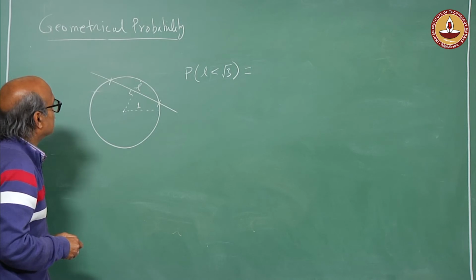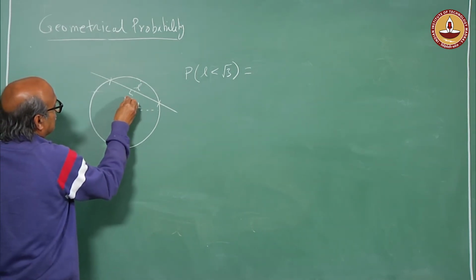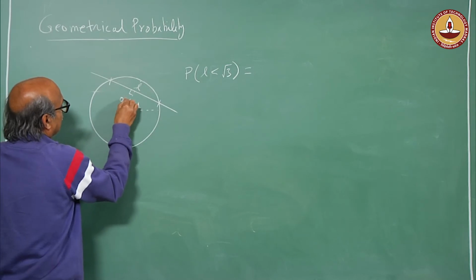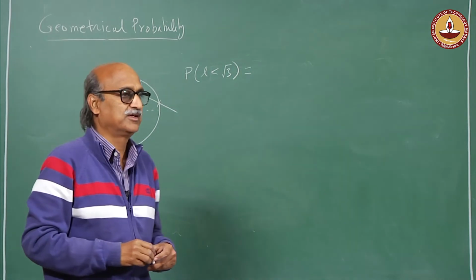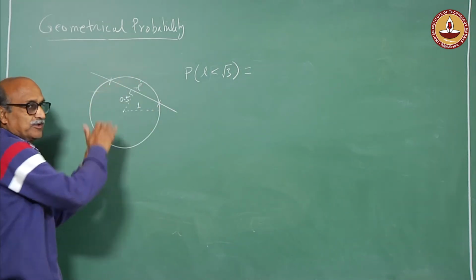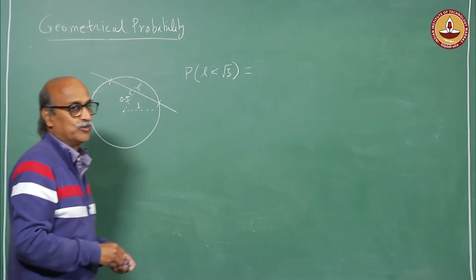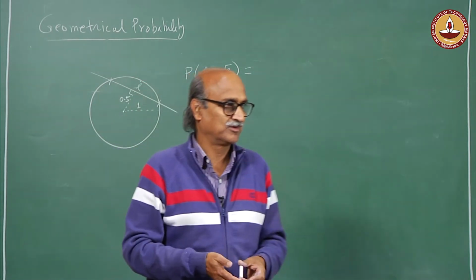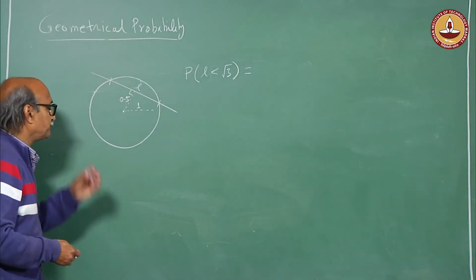And the answer is quite obvious, that when this perpendicular distance is 0.5 or half the radius, in this case radius is 1. So, when the perpendicular distance is 0.5, the chord length will be equal to root 3. You can work this out quite easily from the geometry of the problem.